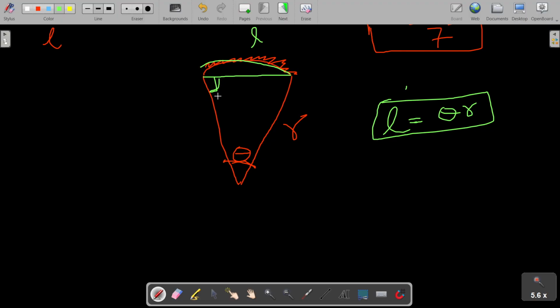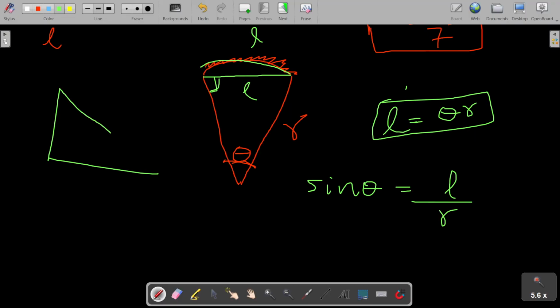So as we rotate this, we can see that the length of this is approximately equal to this. So by using sine theta is equal to opposite L over hypotenuse r. When theta is very small, this curved part is negligible. This curved part becomes like this when theta is infinitely small.